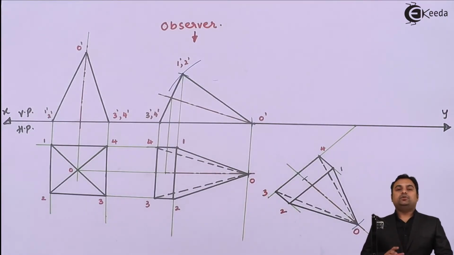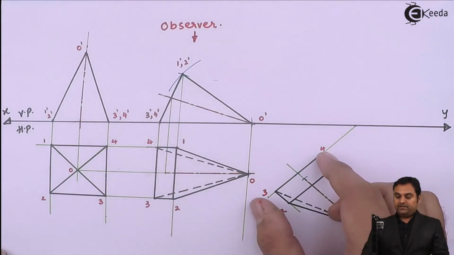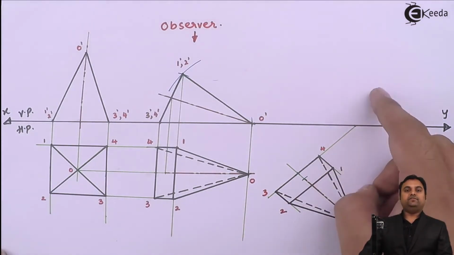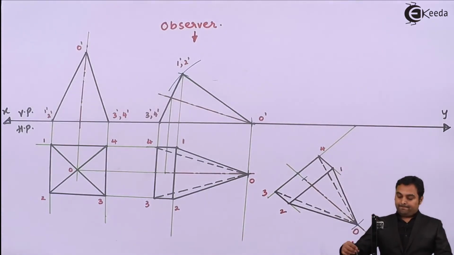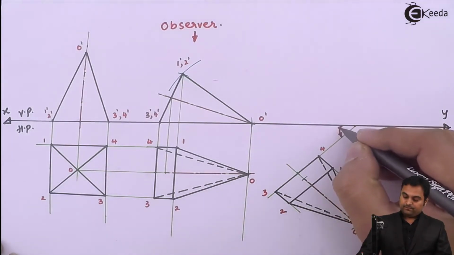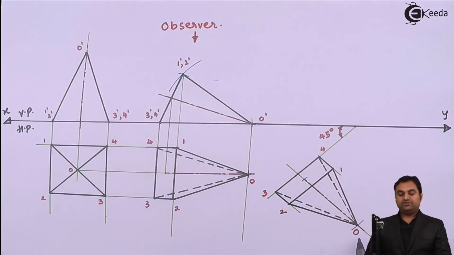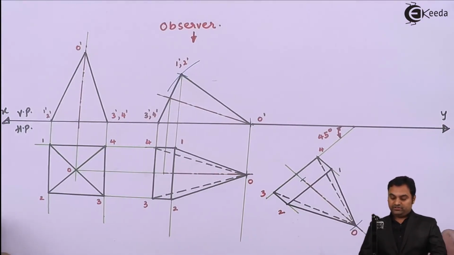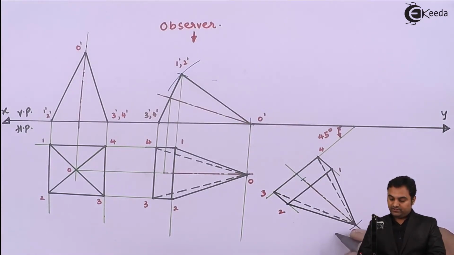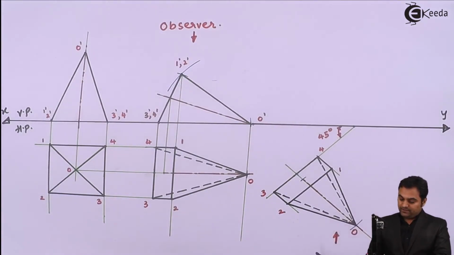Now, in the question it was mentioned that we have to tilt the pyramid in such a way about its base edge whose inclination is 45 degree with VP. Tilting it in such a way that the apex is nearer to observer. So this is the top view and observer is here. So the apex is nearer to the observer as mentioned.